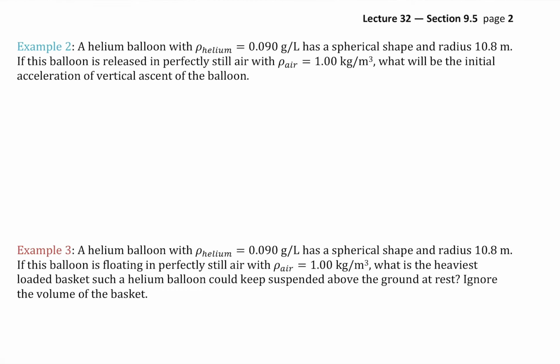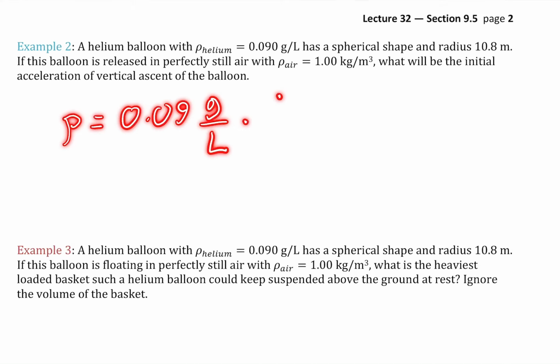All right, so one thing we want to do here is convert our density. So let's think about this. I've been given the density of helium in grams per liter. If I have my density at 0.09 grams per liter, I want to convert that to kilograms per cubic meter.